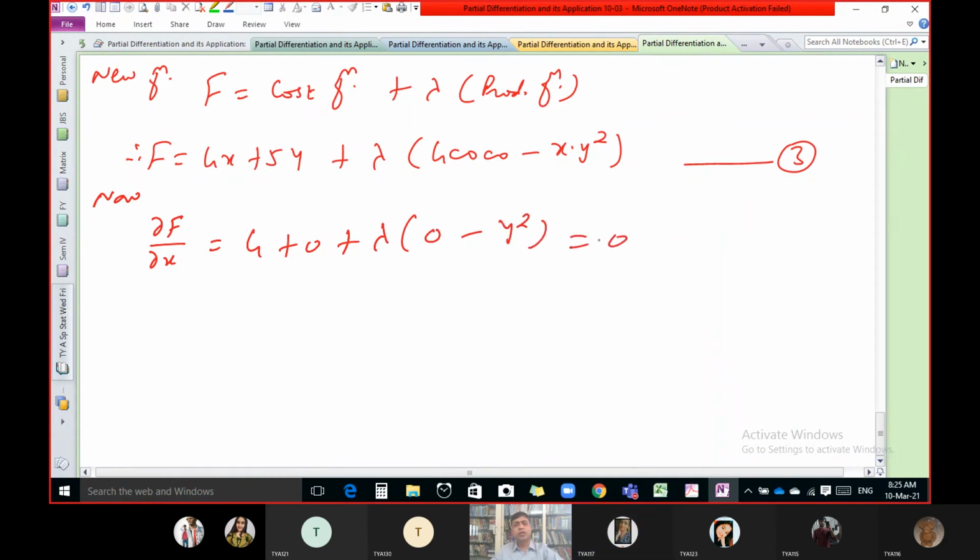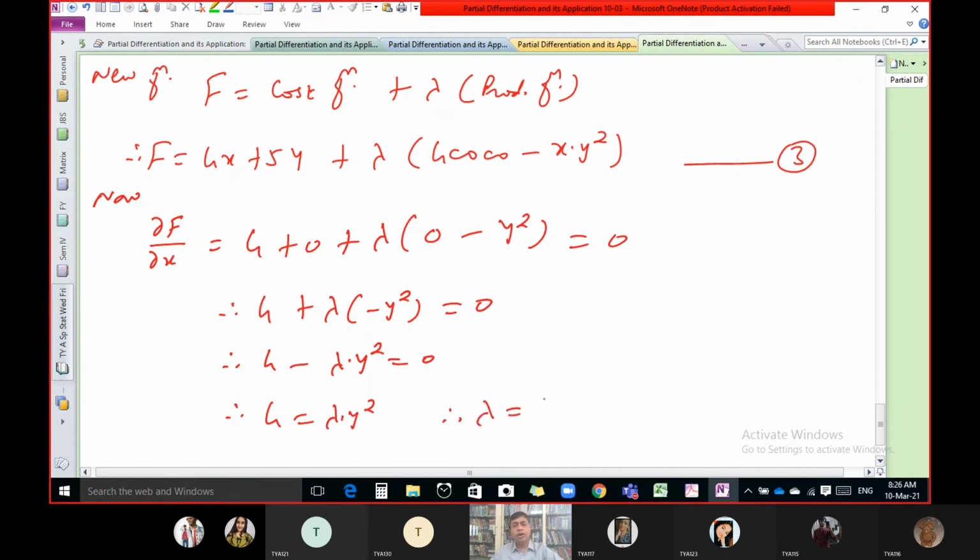Put it equal to 0. So we get 4 minus lambda y square equal to 0. Take lambda into y square to the other side and find the value of lambda. So we get the value of lambda as 4 upon y square.